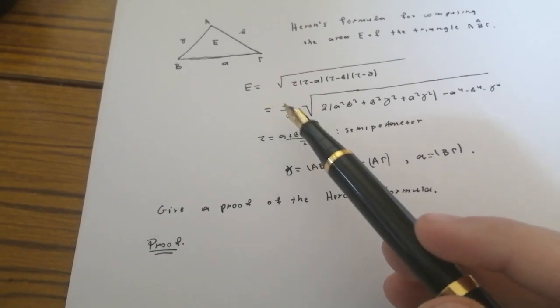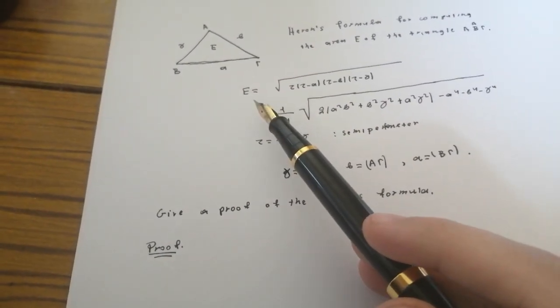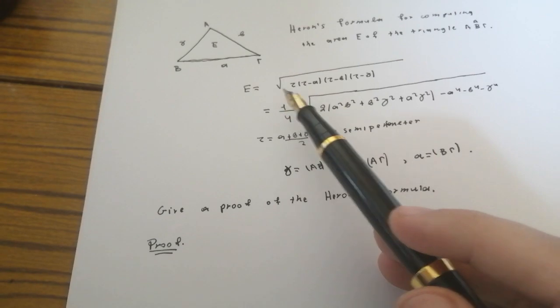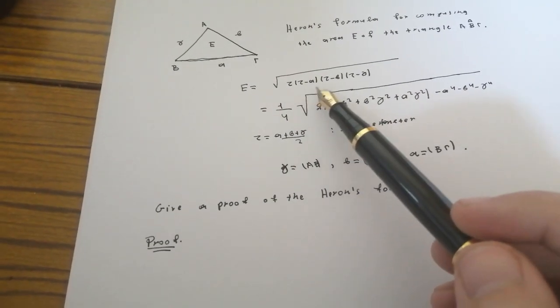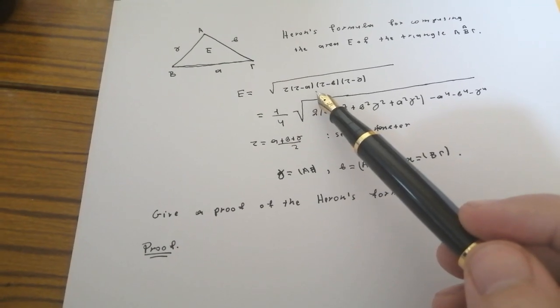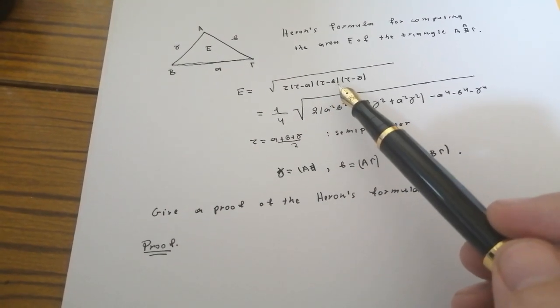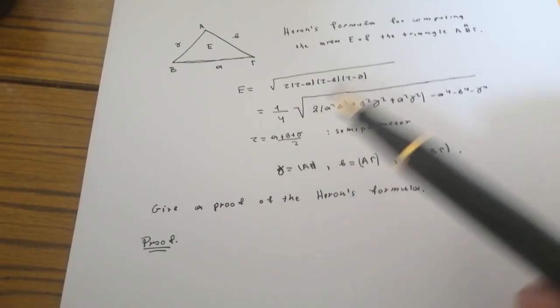As a reminder, the formula for computing the area of this triangle is the square root of tau times tau minus alpha times tau minus beta times tau minus gamma.